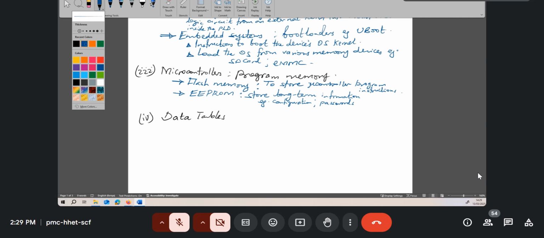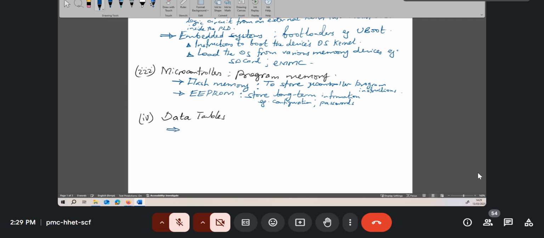And when we talk of data tables, here we mean storing tables of data that doesn't really change.